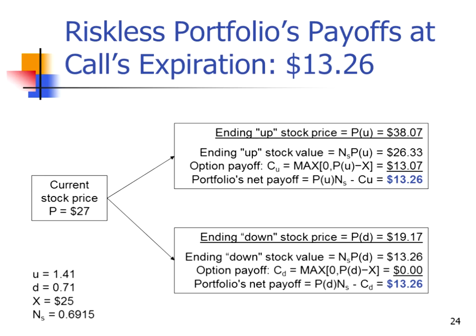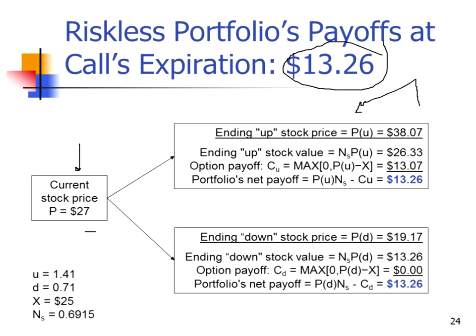Okay, when we've created a riskless portfolio, the payoff at call's expiration is $13.26. So irrespective of whether it goes up or down, your payoff will be $13.26. Now, how does that happen? Look at this. Let's say the current stock price is $27.